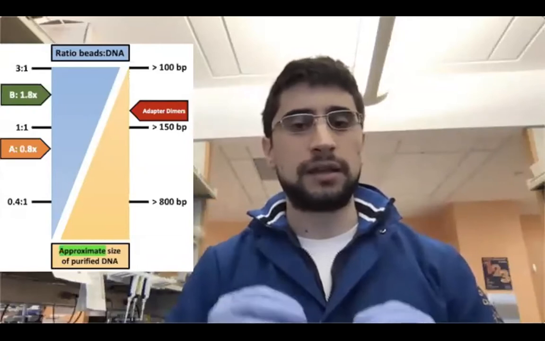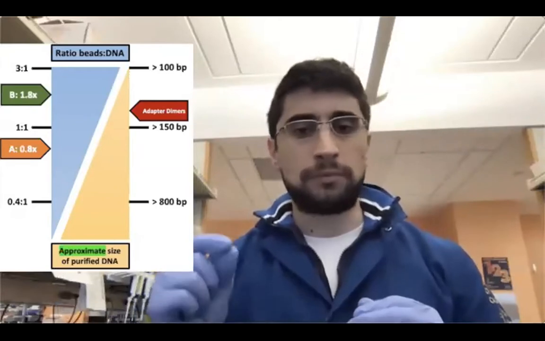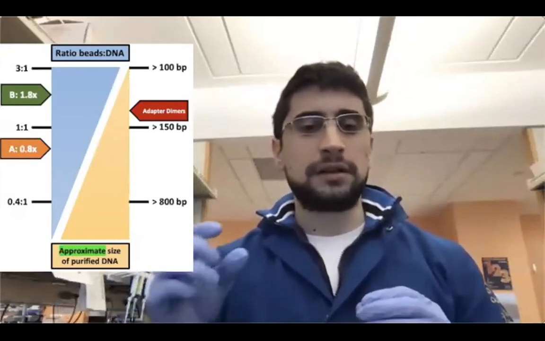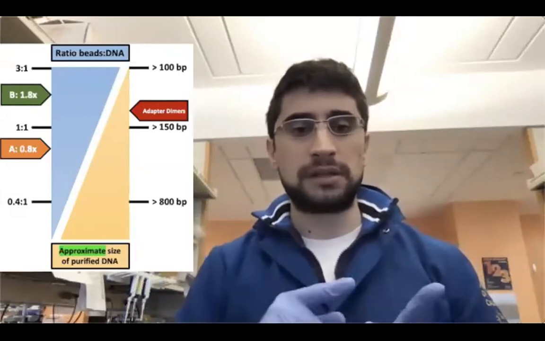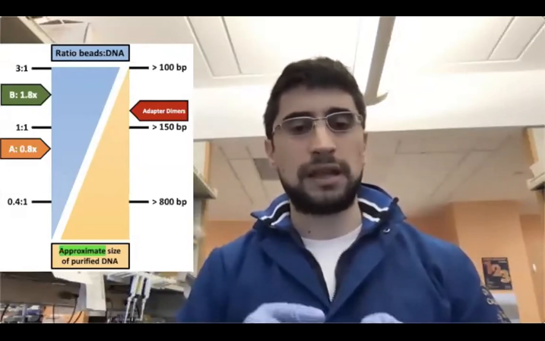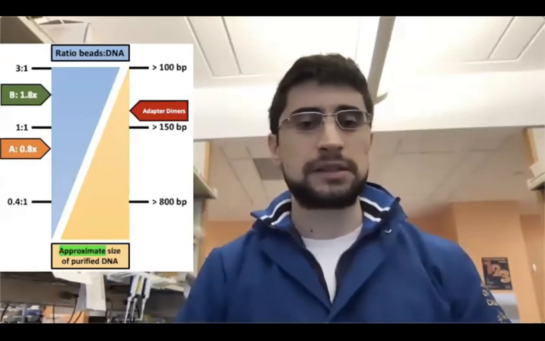So the higher the ratio, the smaller the size of the DNA that the beads can bind. So if we have a bigger ratio, like for sample B or sample 2, 1.8x, the smaller sizes of DNA will also be bound, which means that the adapter dimers and the primer dimers will be bound by the beads.